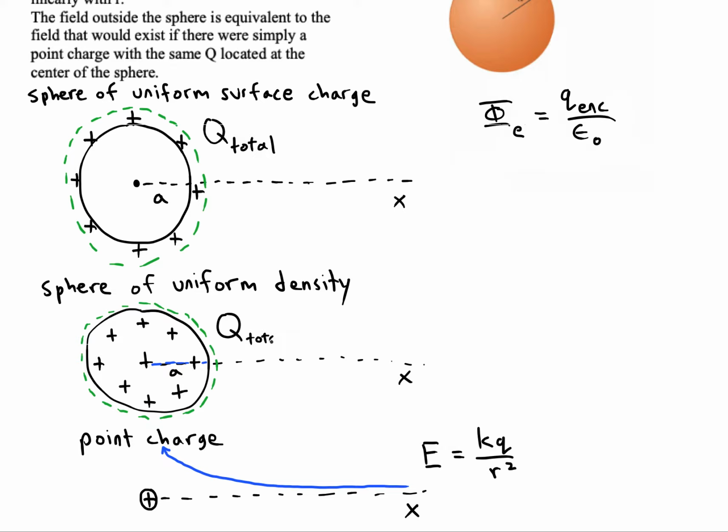It's just that in one case it's only on the surface, and in another case it's distributed. Hopefully it's clear that the electric flux here for both is going to be equal, because the charge enclosed in both cases is Q total.